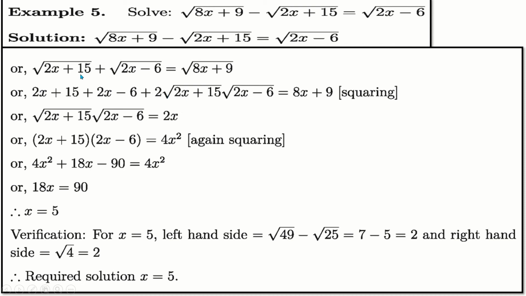As a result, here will be a plus b whole square, and here only 8x plus 9. A plus b whole square means a square, a means the total part, that means 2x plus 15, a square and the square root will be only this, and also the square of this will give 2x minus 6, and 2ab, 2a meaning this, b meaning this, equal to the right side.